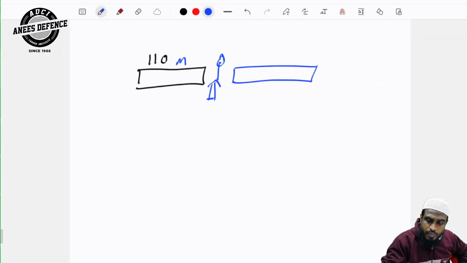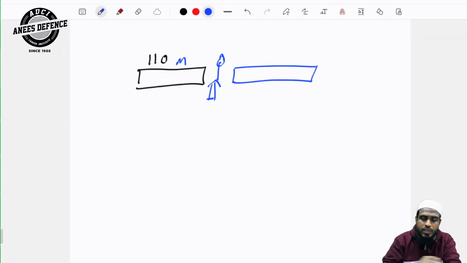Means the train will be coming up to here by taking 3 seconds. So how long is the platform if it passes through it in 15 seconds moving with the same speed?